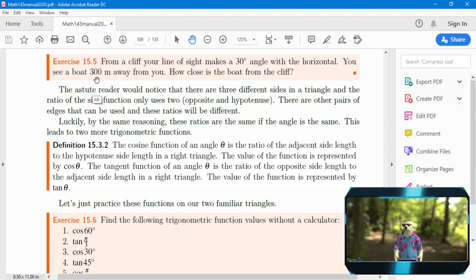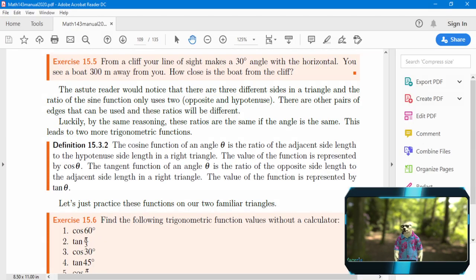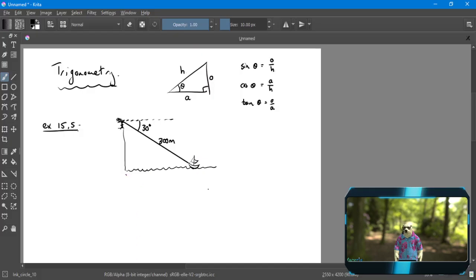You see the boat about 300 meters away from you. So your distance to the boat is 300 meters. Then, how close is the boat from the cliff? So I'm looking for this distance. Let's call it x. That's our mystery distance.